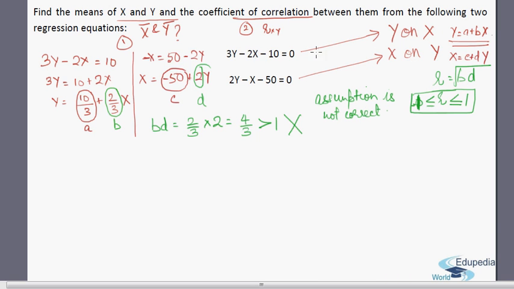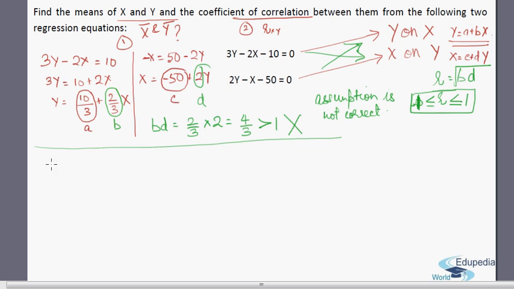Therefore what we'll have to do now is reverse the assumption. Of course there's no other way that you can get which equation is for y on x and which is for x on y. This is the only way.